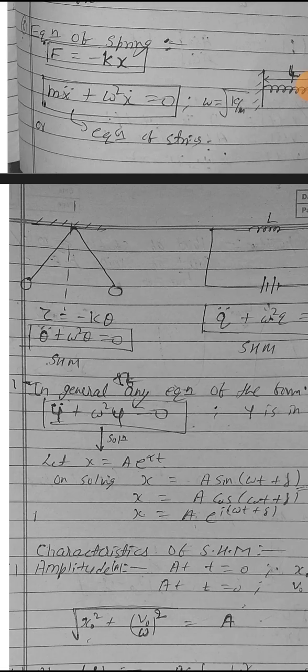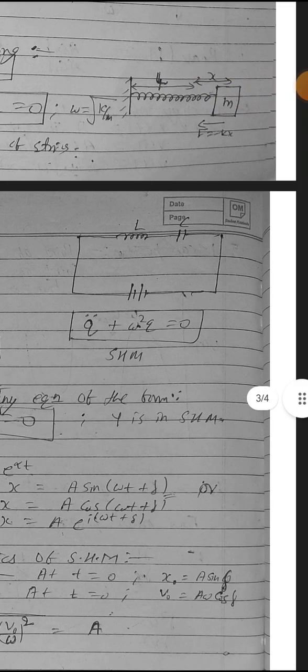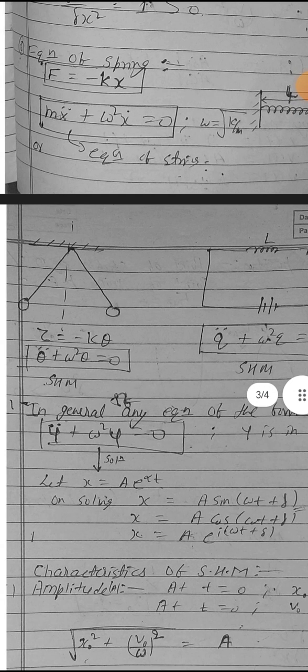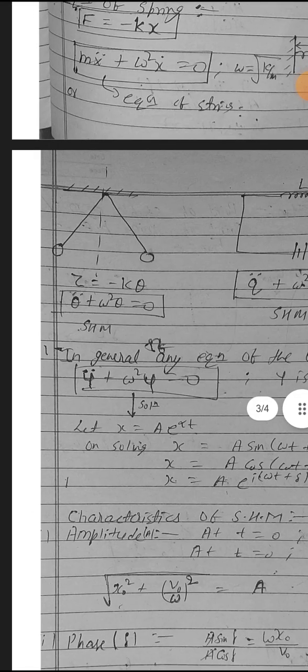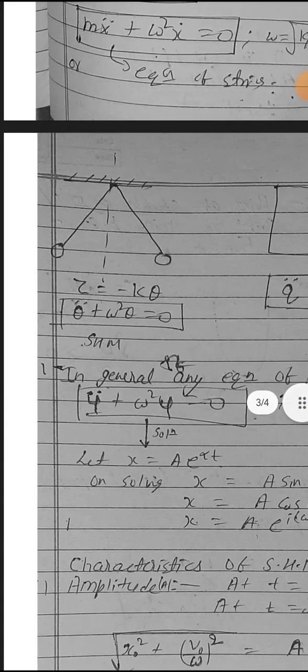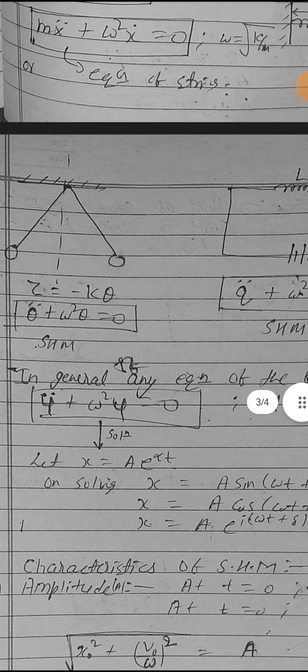Since for the spring the force was proportional to x, we took the equation F equal to minus kx. So in the case of the pendulum, the restoring torque comes out to be tau equal to minus k theta, and the equation would be theta double dot plus omega square theta equal to 0.